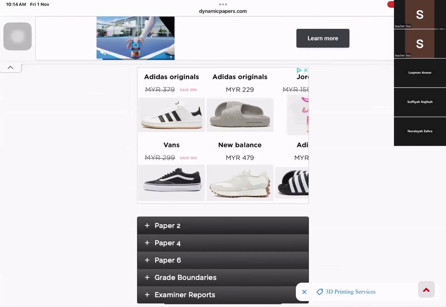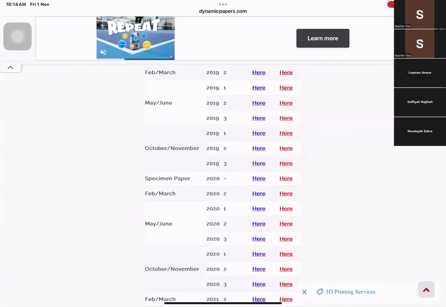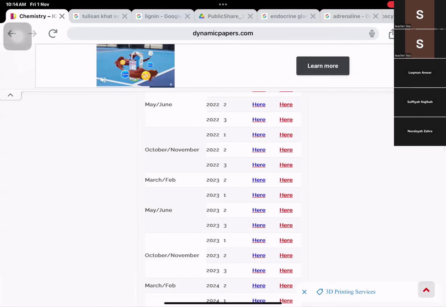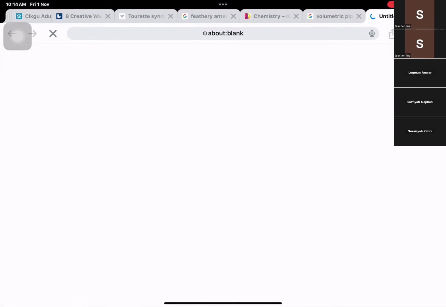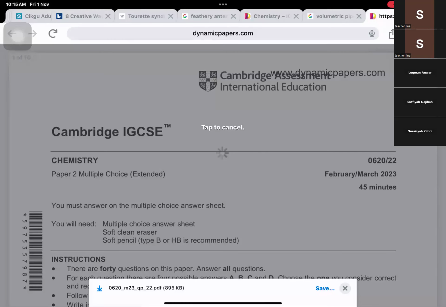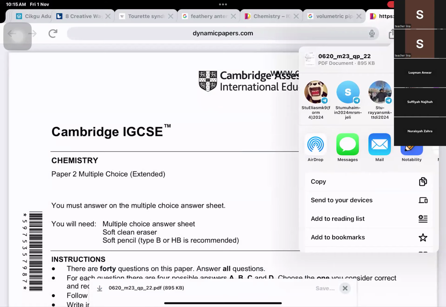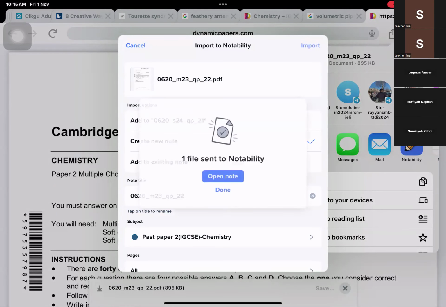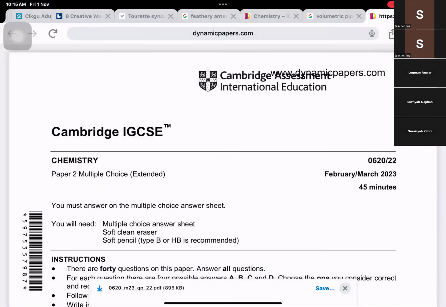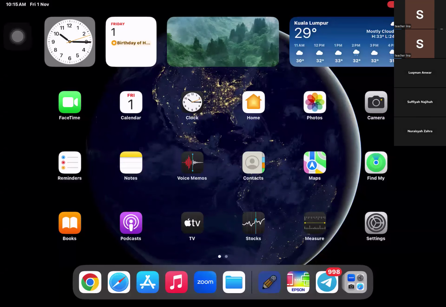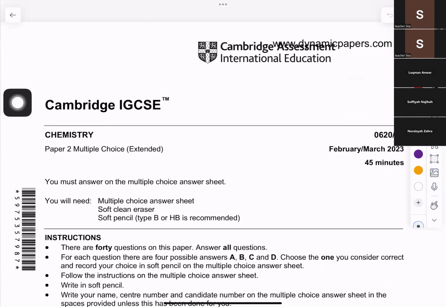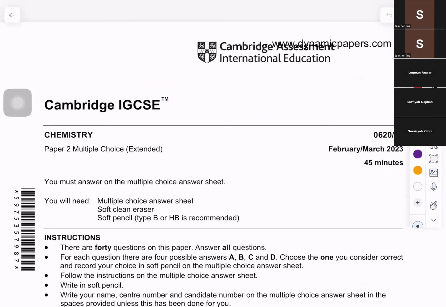Kalau patut kena open, teacher silap. Okay, variant 22.